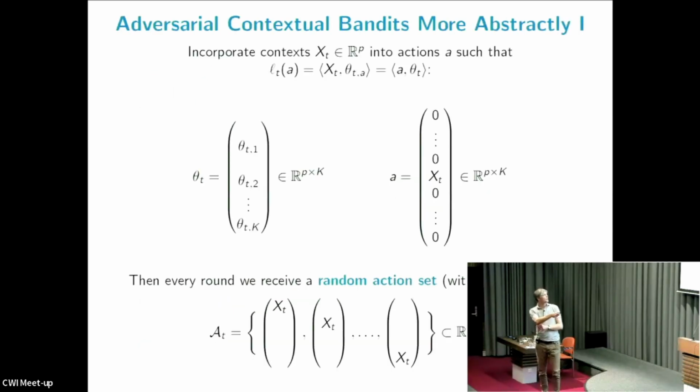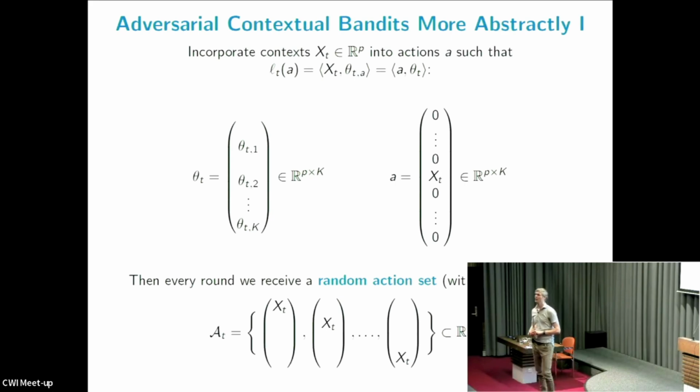And the idea is that if we have all these loss vectors, so the loss vector for the first arm, which is a vector in R^P, loss vector for the second arm, third arm, we can put them all in one big P times K vector, stick them all together, and then identify the choice of an arm with an action that's also a big vector.